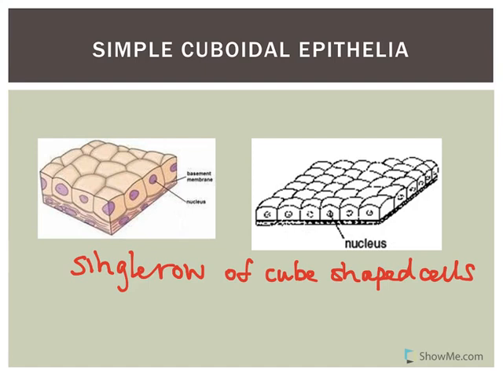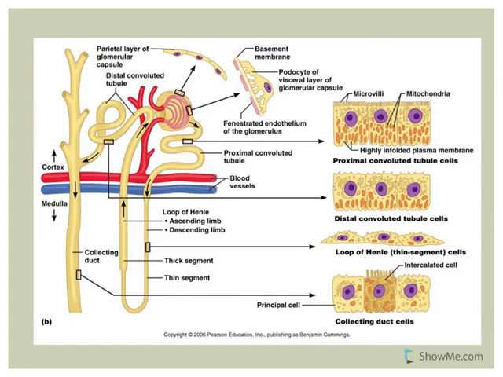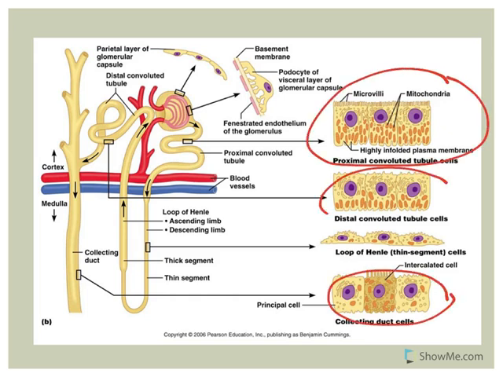You're going to find this type of epithelium in parts of the nephron tubule. So you see it here in this proximal convoluted tubule. You've got collecting duct cells, distal convoluted tubule. So you can just write parts of the kidney tubules. You can say kidney tubules, or you can say nephron tubules, because the nephron is the functional unit in the kidney.